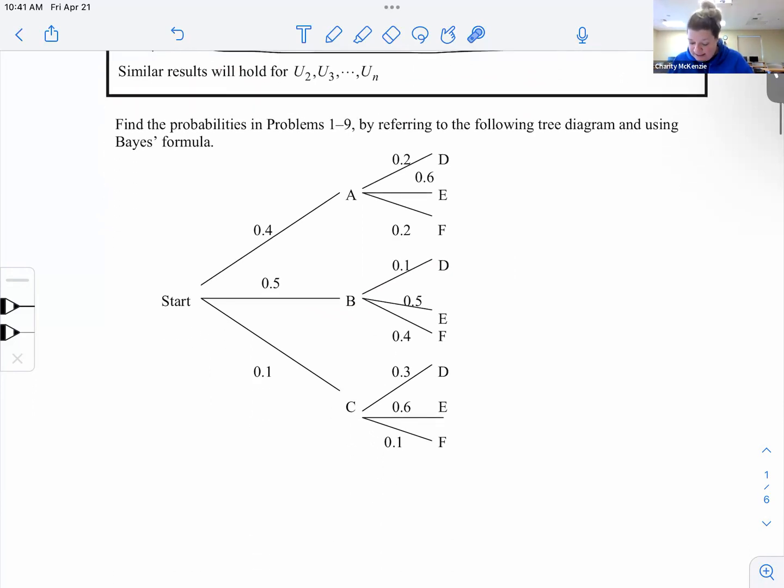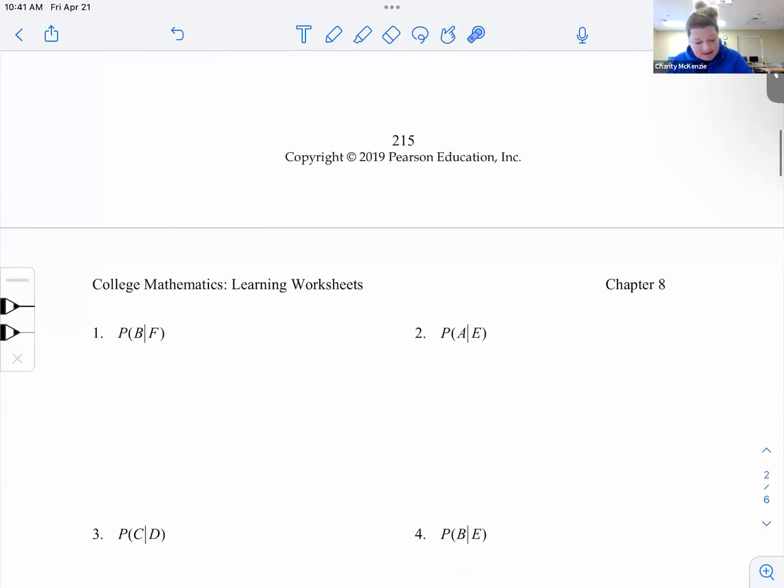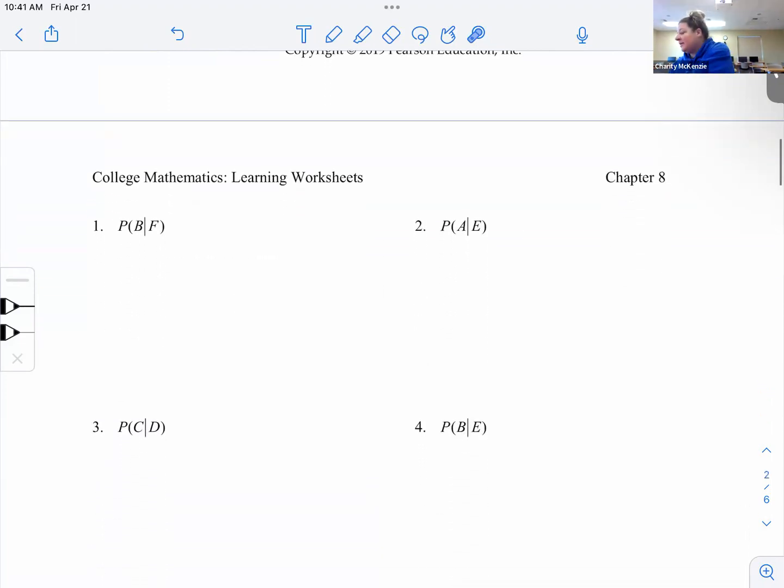So let's see. This is their tree diagram that they drew. For problem 1 here, they're asking, what is the probability of B given F? So what are they really asking for? They're saying, where are B and F together? So let's write this out just so we have it.